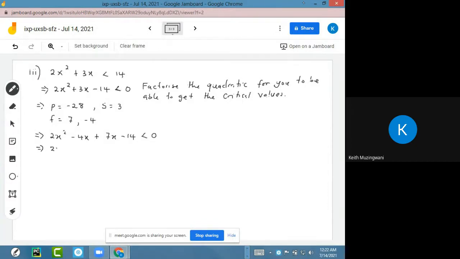So 2x, x minus 2 plus 7, x minus 2 is less than 0. So we have x minus 2 multiplied by 2x plus 7 less than 0.